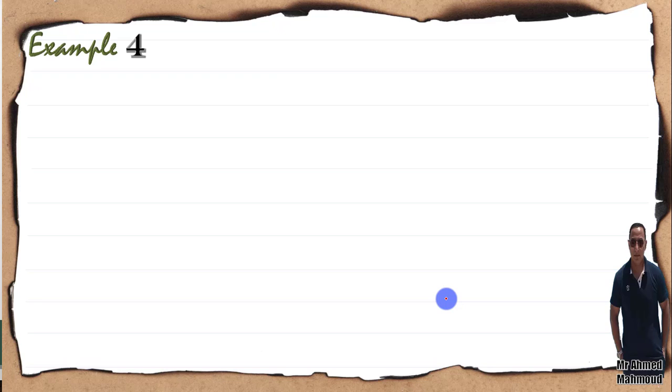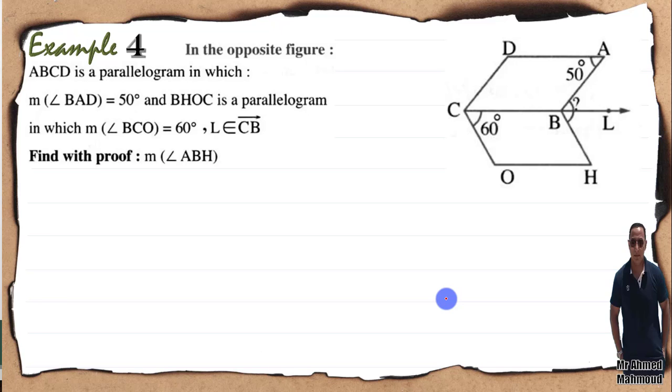Question 4. Here I have two parallelograms ABCD and BHOC. Measure of angle A equals 50, angle C equals 60. Find the measure of angle ABH.